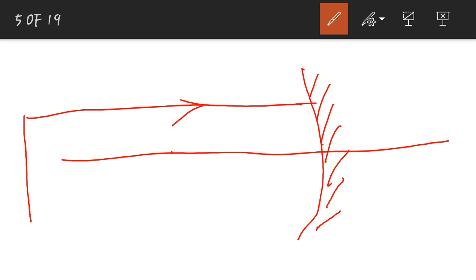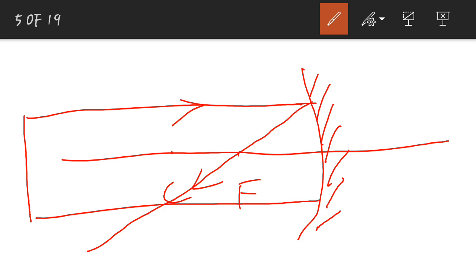This will be the center of curvature, this is the focus, so the ray will pass through the focus. In the same manner here also, parallel to the principal axis passes through the focus, so the point formed is at the focus. Here is the image formed.